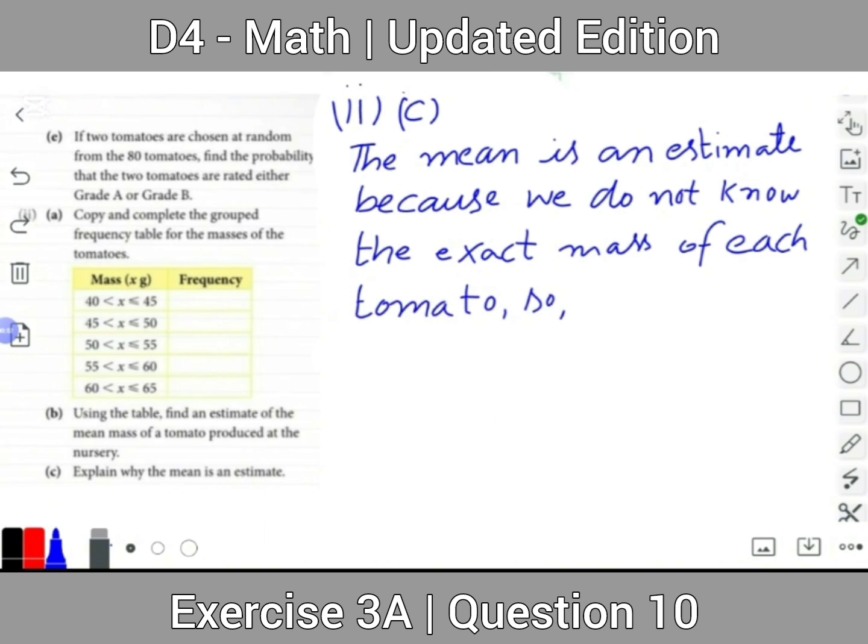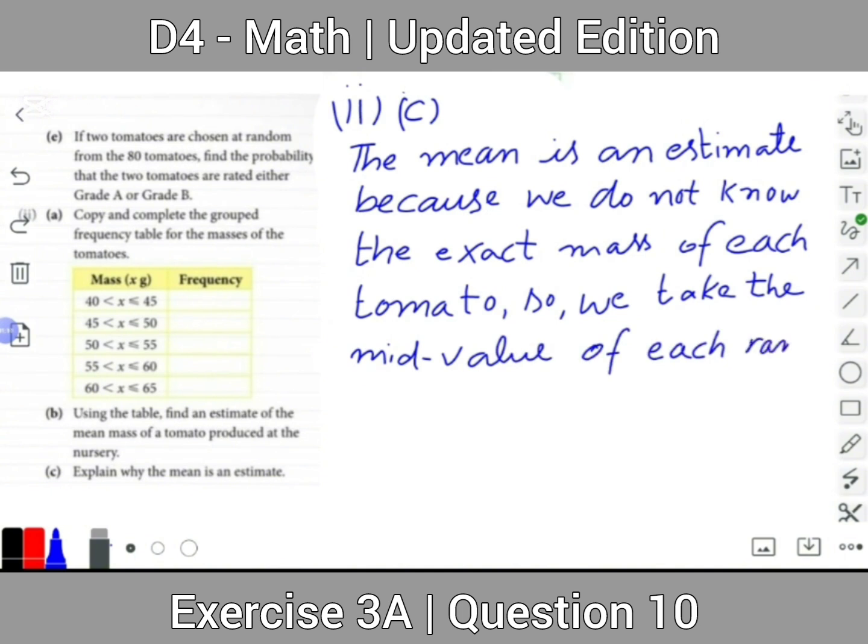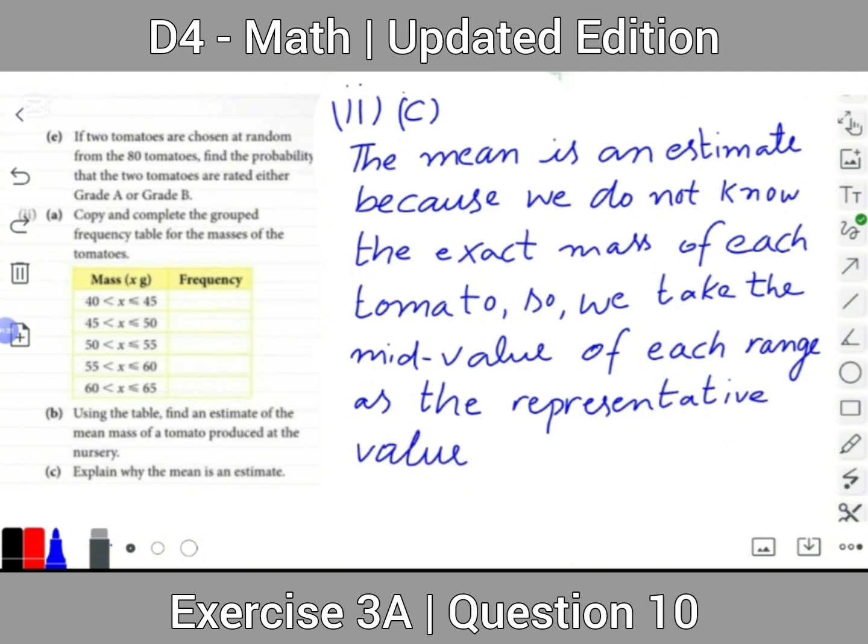So we take the mid values of each range as the representative value for that particular range.